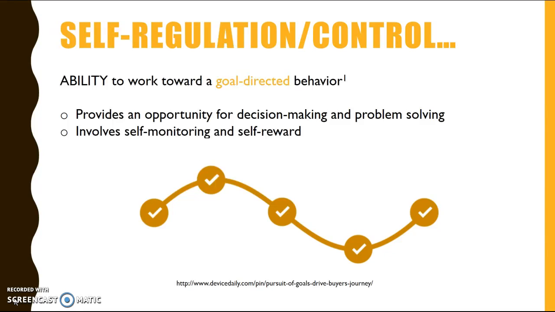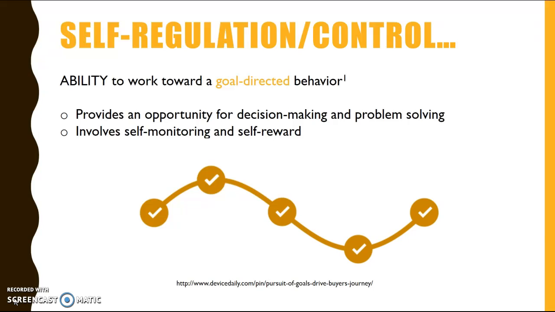Self-regulation or control is the ability to work toward a goal-directed behavior. And it provides an opportunity for decision-making and problem-solving. And that autonomy, as we'll discuss a little bit later on, is very important to the social cognitive theory as well as motivational interviewing. And it involves self-monitoring and self-reward. So it's really a series of checklist behavior change.